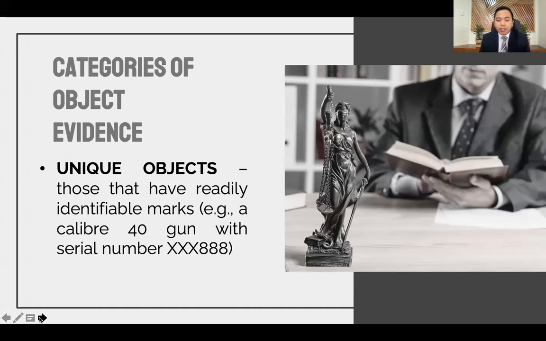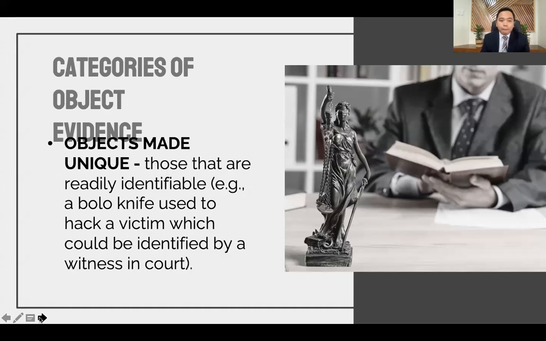When you say unique objects, this refers to those evidence that have readily identifiable marks. So, for example, a gun. It is a unique object because a gun would consist of the specification and the serial number. Since there is a serial number, it is readily identifiable from the rest.